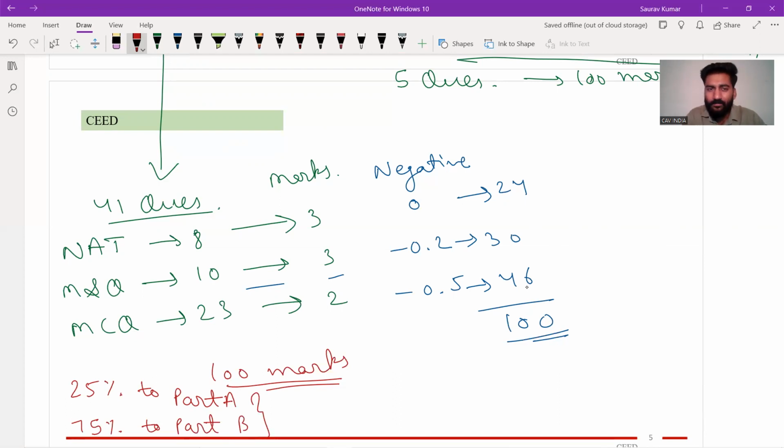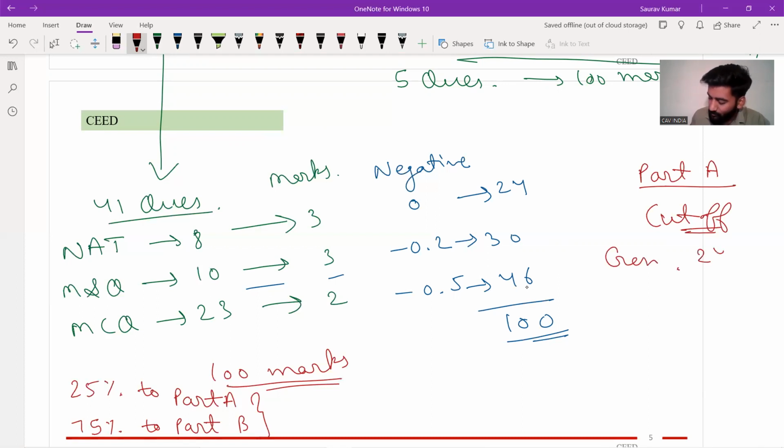Also, another thing, the cutoff that they release for part A: last year for general category students, it was something around 24.5.